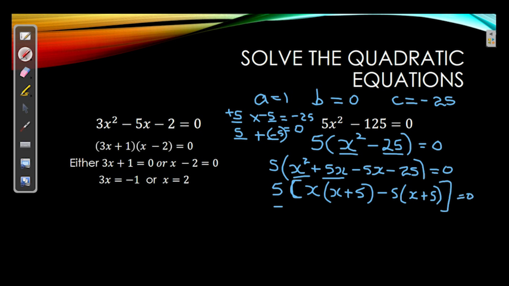So we have x plus 5, x minus 5. Okay, and from here we'll be able to get our solutions, and we will get that x is equal to -5 or x is equal to +5, as you'll see in a short bit.